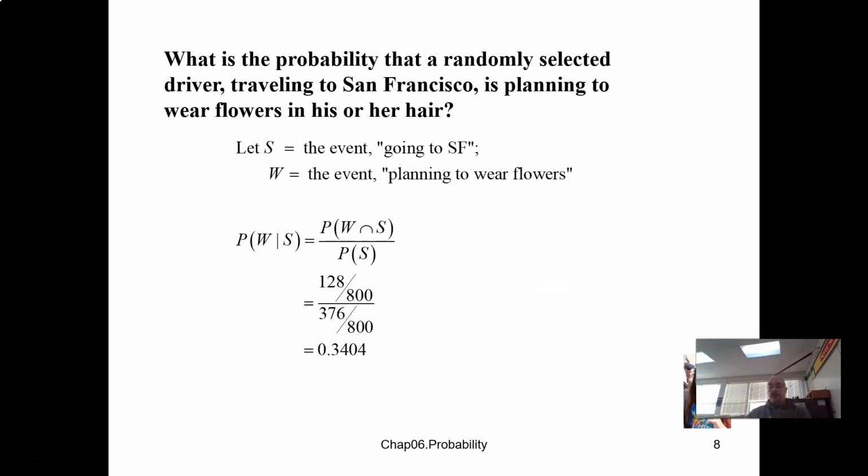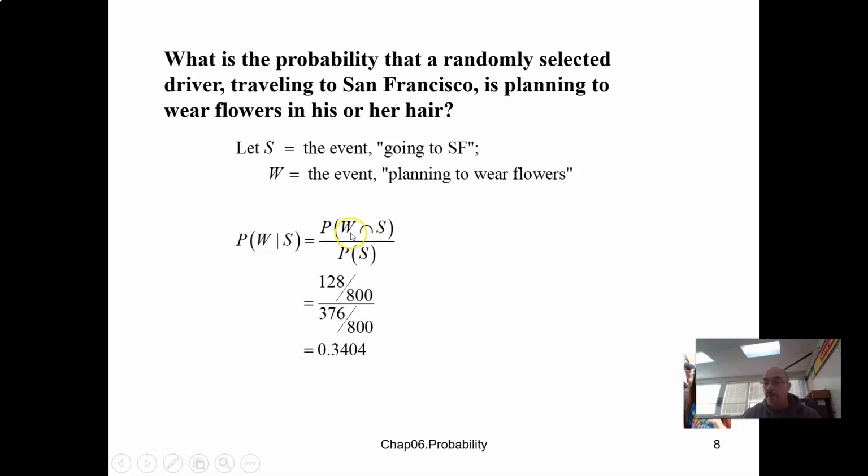All right, so here it is. What is the probability that a randomly selected driver traveling to San Francisco is planning to wear flowers in his or her hair? S is the event that they're going to San Francisco. W is the event that they're planning to wear flowers in their hair. So this is the conditional probability: the probability of wearing flowers given that they're going to San Francisco.